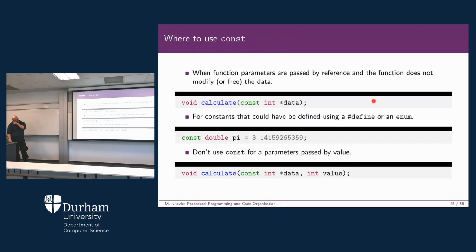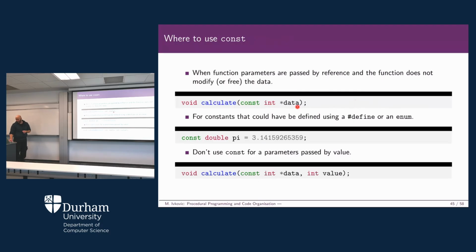Now, similarly, we can declare function parameters as const. And this is both C and C++. And I make very liberal use of it in C, and I recommend you do the same.